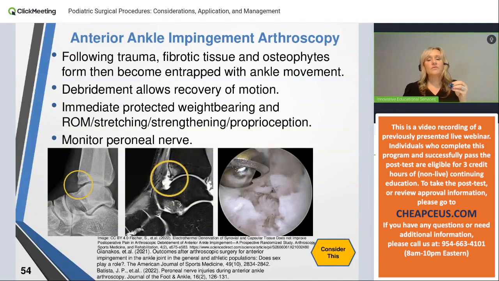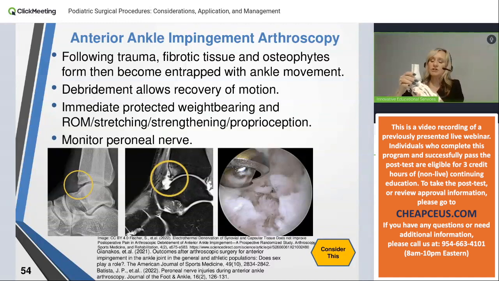They start to get fibrosis of the soft tissues in the area. So it might start out as that joint capsule that has become a little fibrotic, and now it's kind of folded over and it's tucking itself in as that patient is trying to do their plantar flexion and dorsiflexion, particularly plantar flexion. It would catch that anterior when they're in that deep plantar flexion.